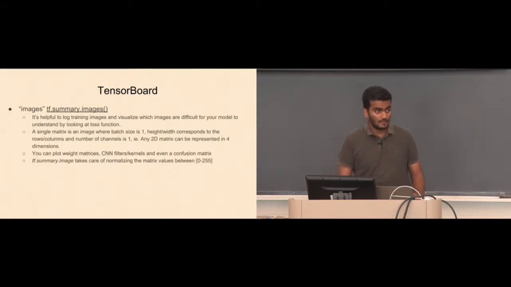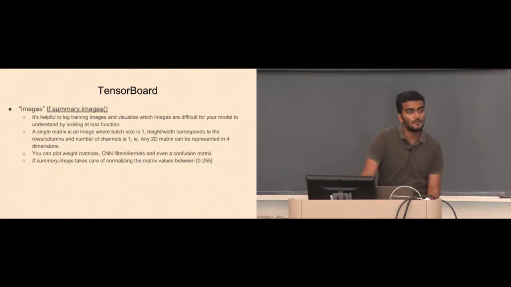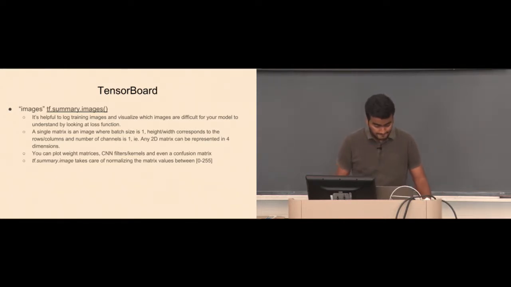The third thing that we can use TensorBoard to plot are images. Images, of course, are two-dimensional in the sense that you will have a height and a width, but of course it will have the third dimension of channels where you can see different colors in it, and you can see how it's changing with time. So you'll always have that time dimension where you can scroll through and see how the particular image has been changing over the period of your training.